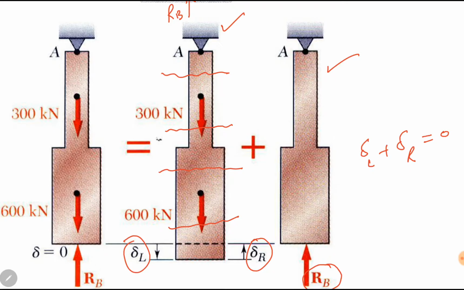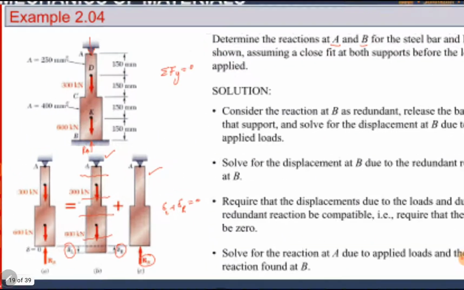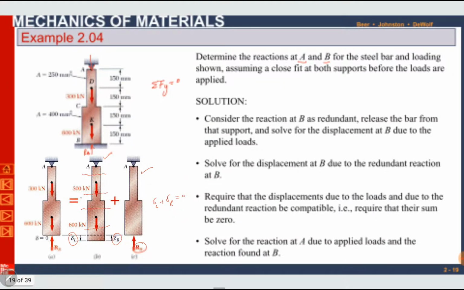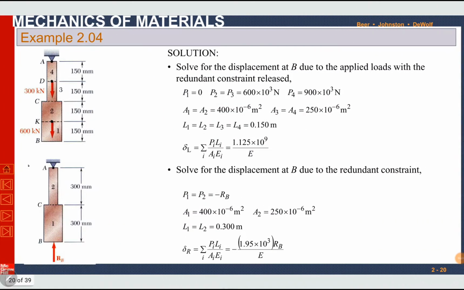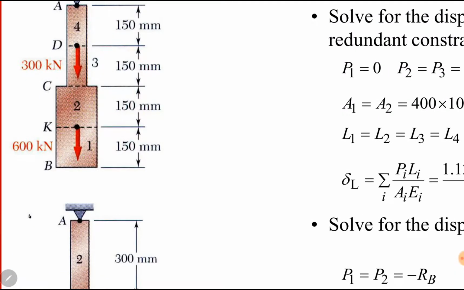So there are a total of 4 sections in this beam: section 1, section 2, section 3, and section 4. So we have to find P1, P2, P3, and P4. By sectioning the bar before the 600 kilonewton force, here we have to draw it separately.